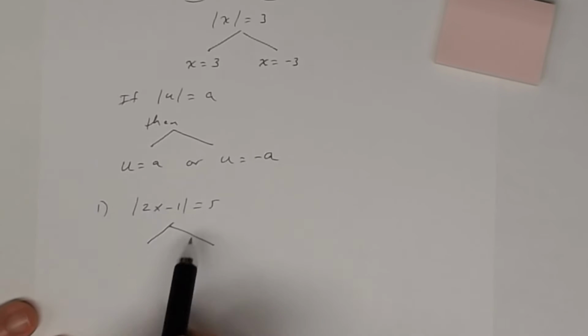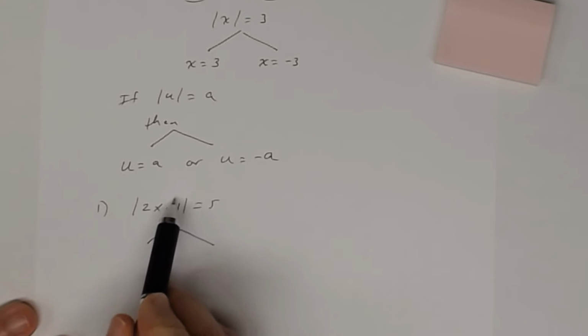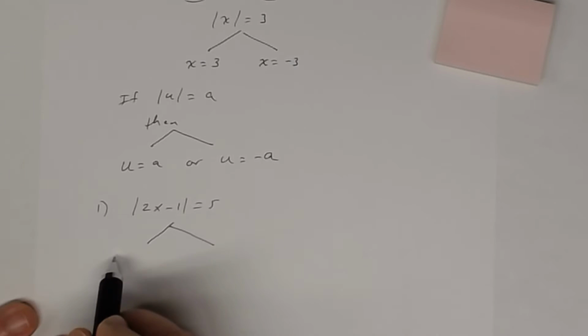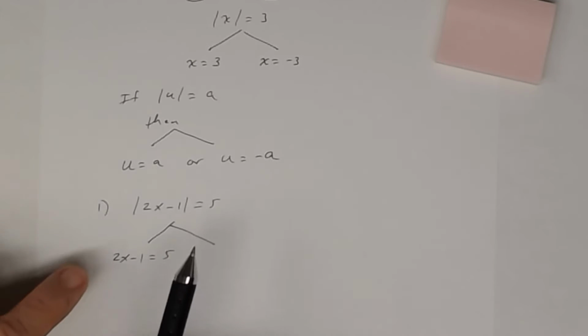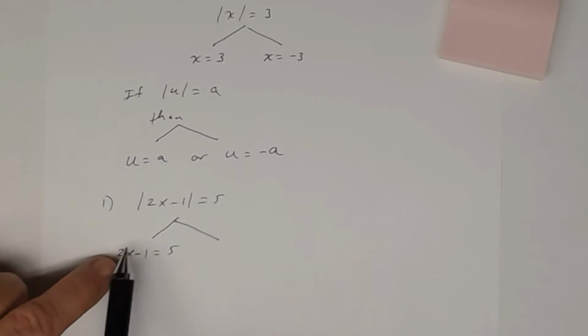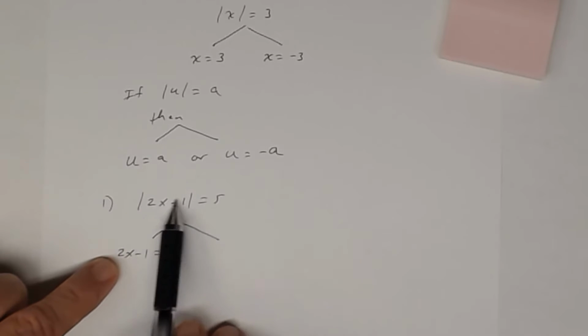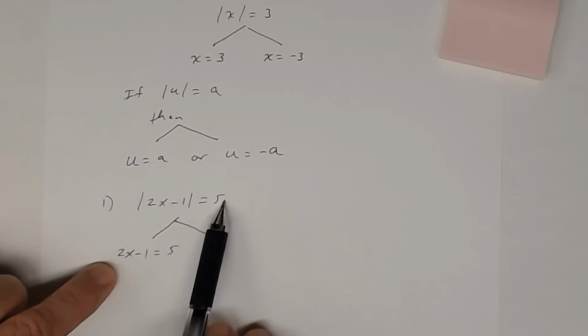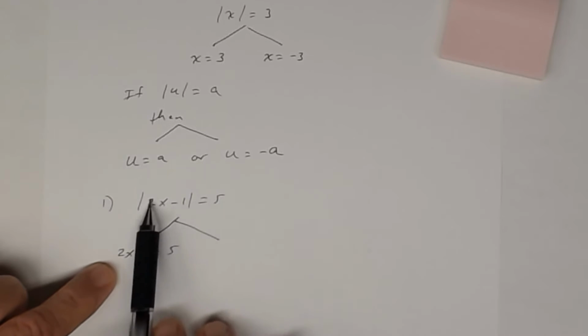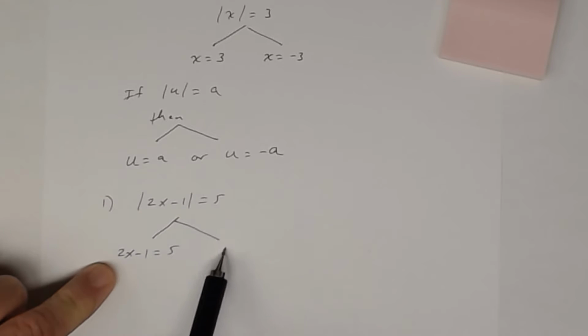And so using this idea, I take the expression inside the absolute value bars, 2x minus 1, and set it equal to 5. That's what it looks like. So I have this linear equation. I'm writing this absolute value equation that involves a linear expression into two linear equations.